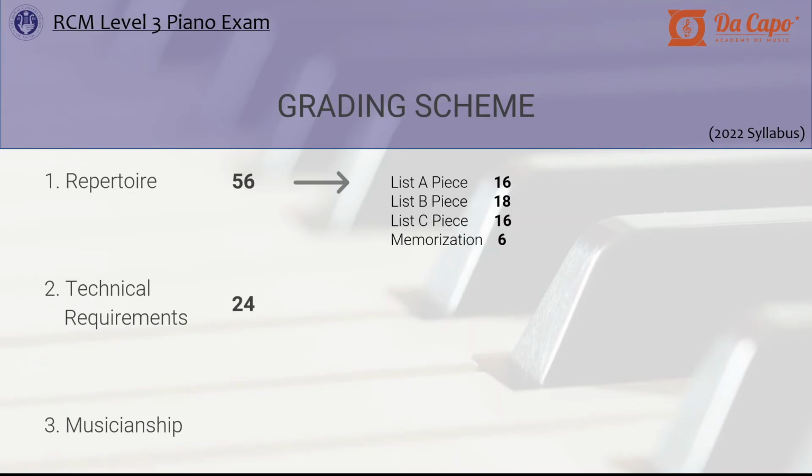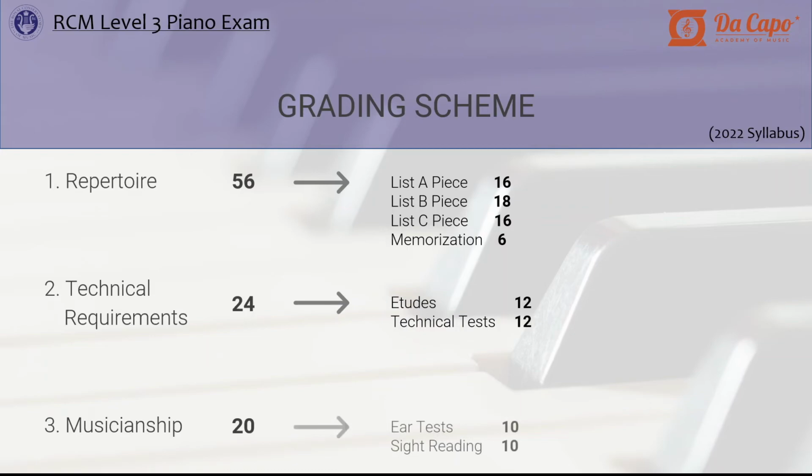Technical requirements, we have a total of 24 possible marks, so the etudes make up 12 of those, and technical tests the other 12. Musicianship, 20 total, ear tests 10, and sight reading 10, for a total of 100, and the passing grade is 60.